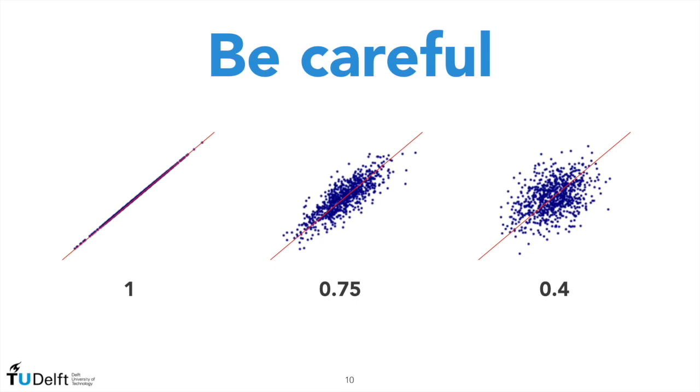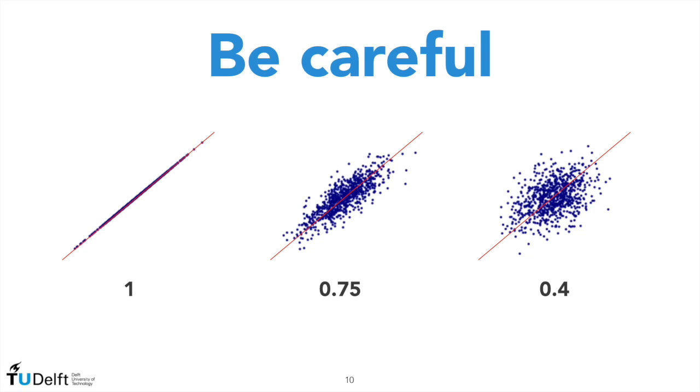Just consider the three pictures in front of you. In the three pictures, the slope of the red line is always the same. But while in the picture on your left, the correlation is equal to 1 because we have perfect positive linear dependence and all the observations are exactly on the line, in the last one on the right, correlation is equal to 0.4.